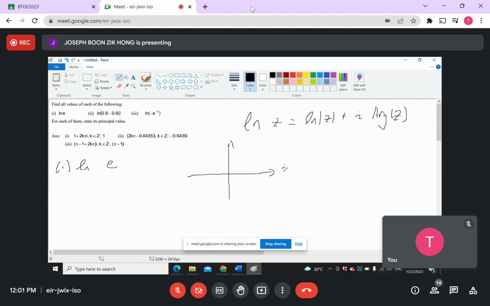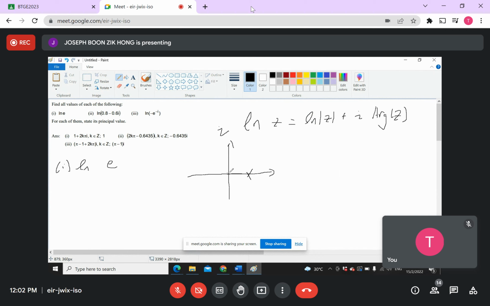Your imaginary part is 0. That means it will be on the positive real axis because it's positive. So your argument is 0 or 2k pi.